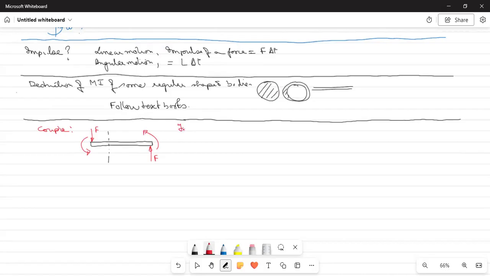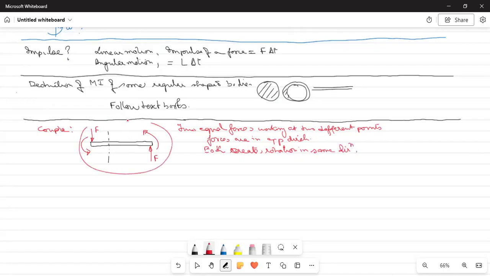That means two equal forces working at two different points, and forces are in opposite direction, and both these forces create rotation in the same direction.